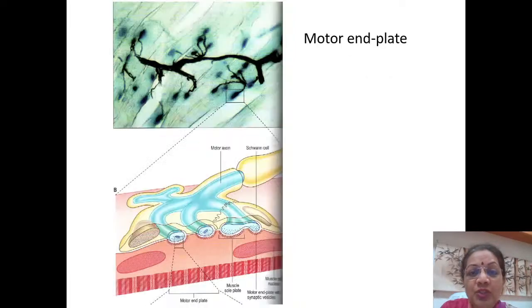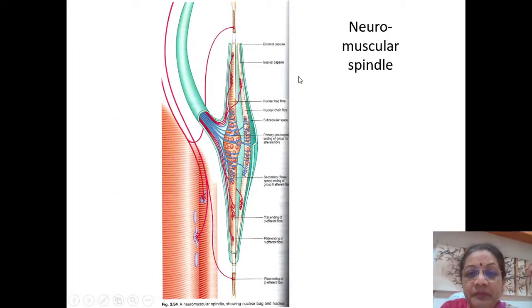Then there is a whole bunch of efferents which are coming from the CNS to this neuromuscular junction, where they will give orders or release neurotransmitters which will cause some action. For a muscle, the action is contraction.